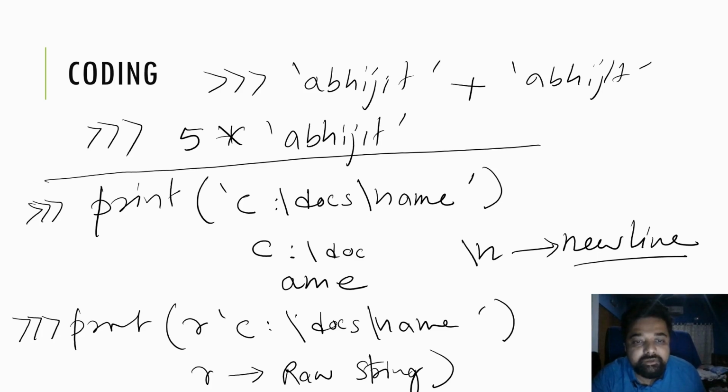It means it will print the raw thing. The compiler will not check anything, backslash n, backslash b, whatever it will be, it will print the raw thing if you put r before any string. Okay, this is some funny thing about Python programming.